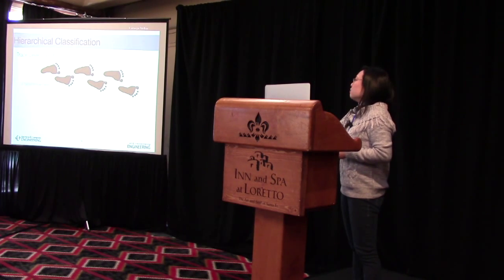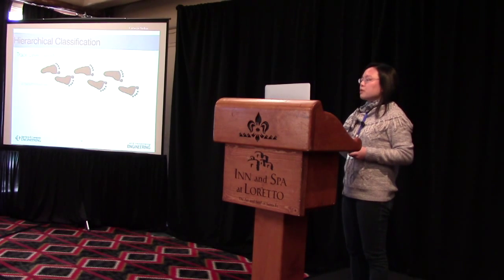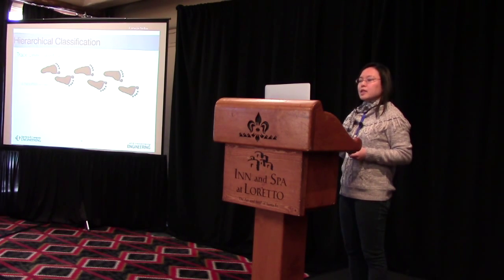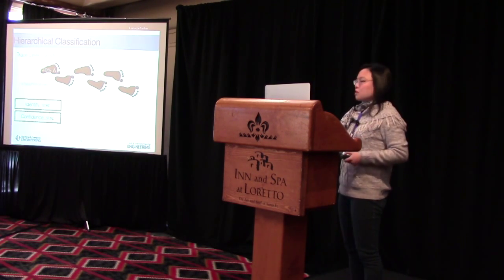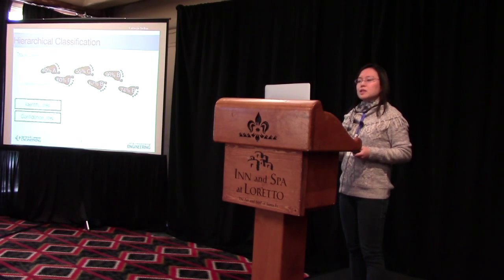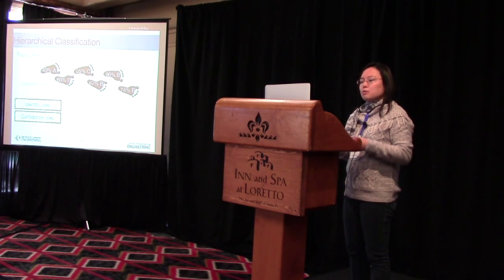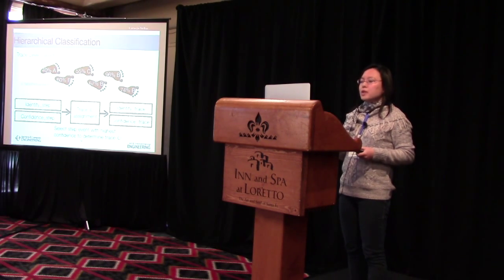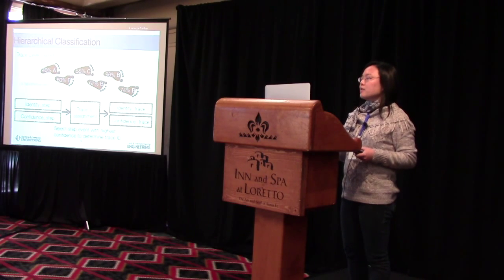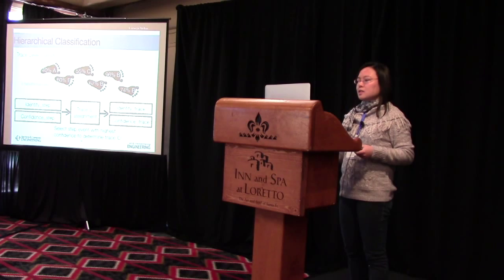To use that information, we conduct a trace level classification based on the result of the step level classification. We obtain the step identity and the confidence level from the step level classification. Then we select the step within a trace that has the highest confidence level as the representative of the entire trace.